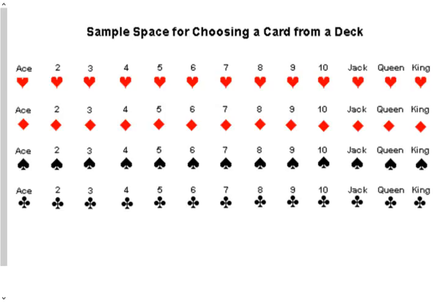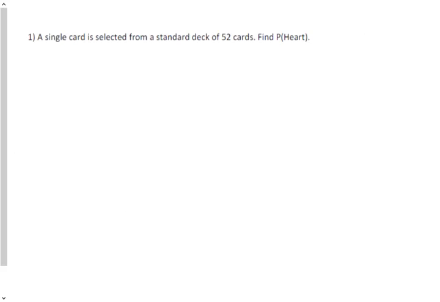It's important to have this because I need to know the total possible positive outcomes versus the total. And most of your probability problems here will revolve around a deck of cards. So I've given this to you so you don't have to worry about knowing what is in a deck of cards.